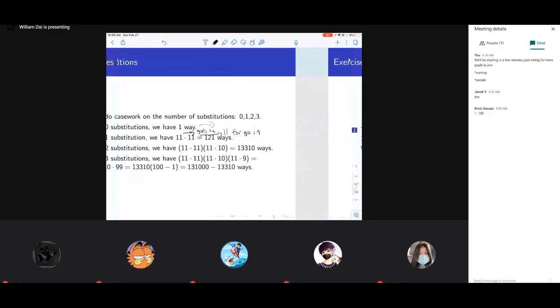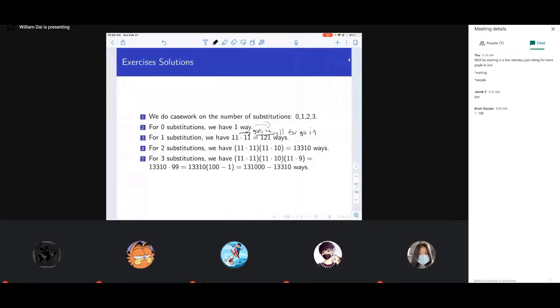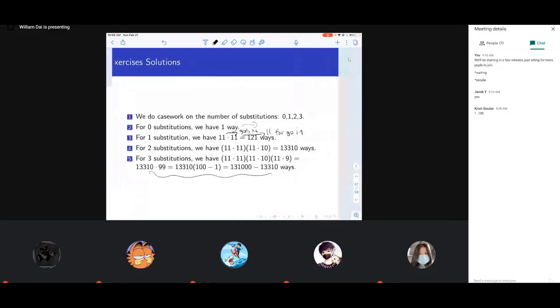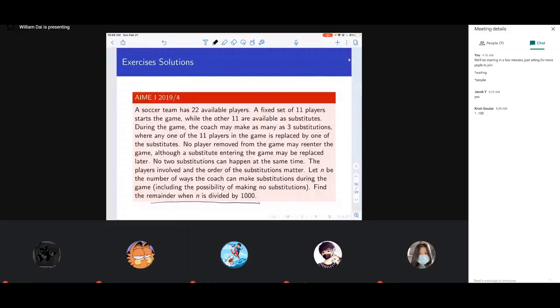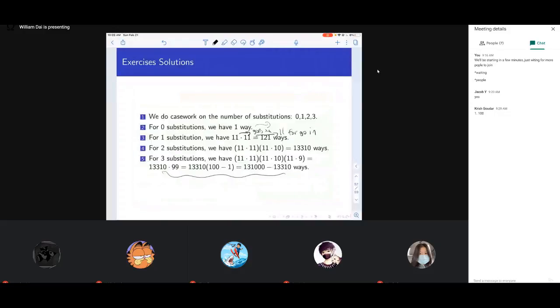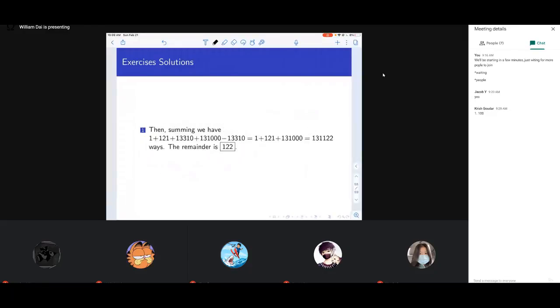Oh, and the point of this manipulation here is that we're finding the remainder when it's divided by 1000, so this is a convenient way to cancel stuff out here, because this is the same thing as here, and we just do all of this and we get an actually pretty nice answer, because these things cancel out.